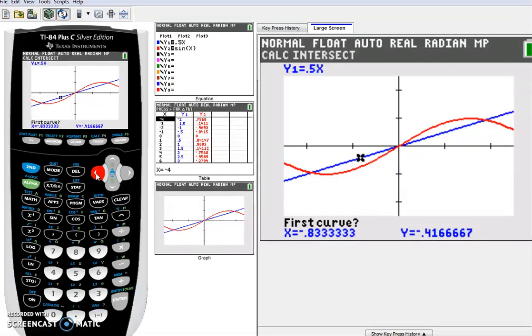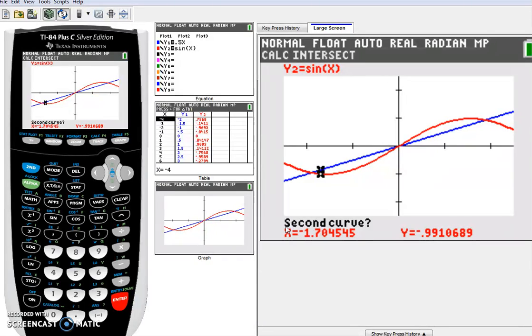Your graphing calculator understands that there can be more than two graphs and we can have multiple intersections, just like we do here. We have technically 3. So using your cursor, tell your calculator which intersection you want to focus on. You can only calculate one at a time. Move your cursor relatively close to that intersection.